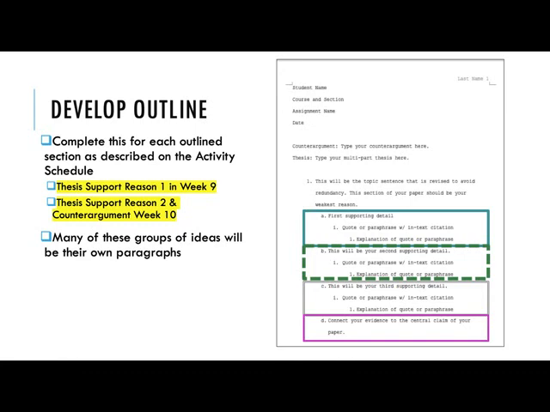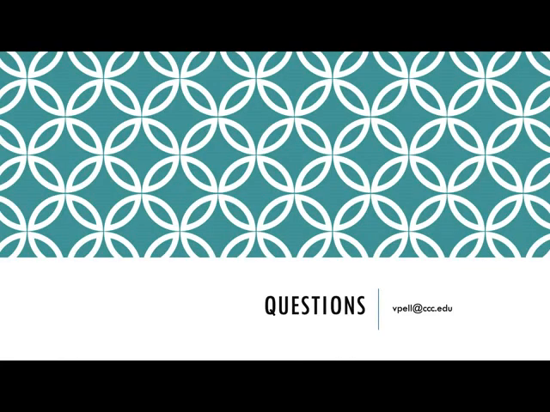So when you think about essays you've written before, that might be a 5-paragraph essay. Now each reason of support for your thesis is going to be like its own mini short paper, and it's going to be a couple pages long, probably a page and a half to 2 pages. And then your counter argument section will also be that long as well.